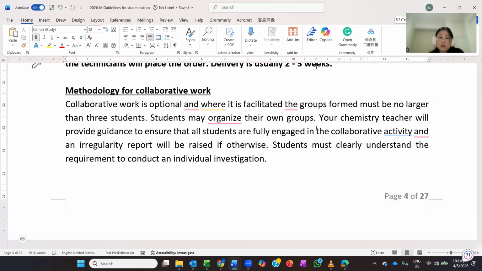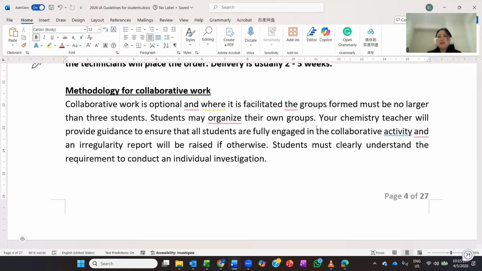And therefore, I would strongly discourage collaborative work. If you collaborate with your friends, sometimes it's inevitable that the way you write is very similar to the way your friends write, and then that becomes an issue. So I would still tell you, as much as possible, do it on your own. You can't share data anyway, and you really cannot share the procedures either.